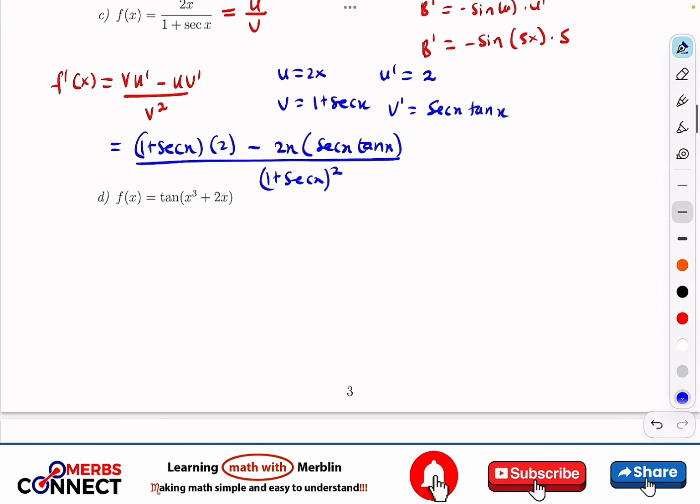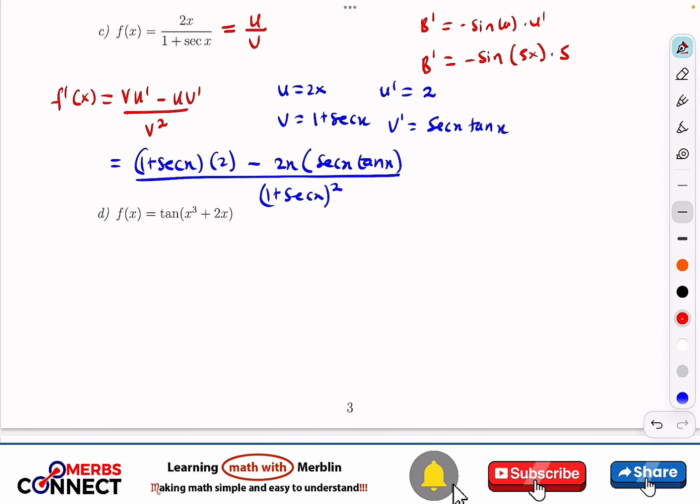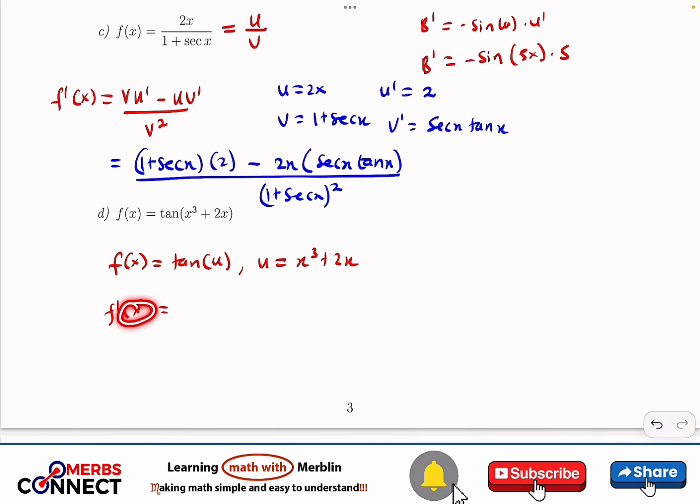Let's look at D. For D, we want to use the chain rule, right? So what I can do here is say that f of x is equal to tan of u, and my u is equal to x to the power 3 plus 2x. So f prime will be equal to, remember the function is in terms of x.